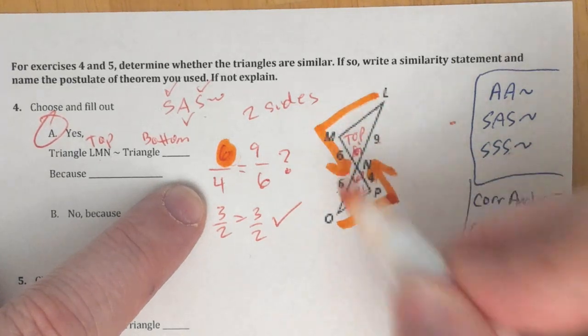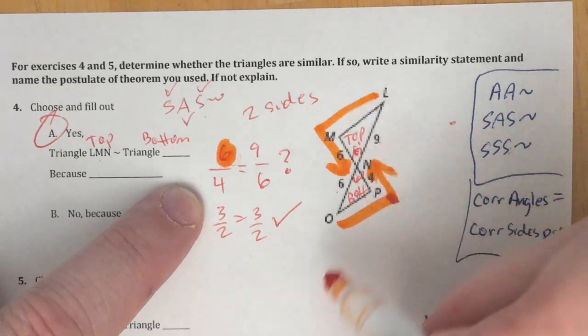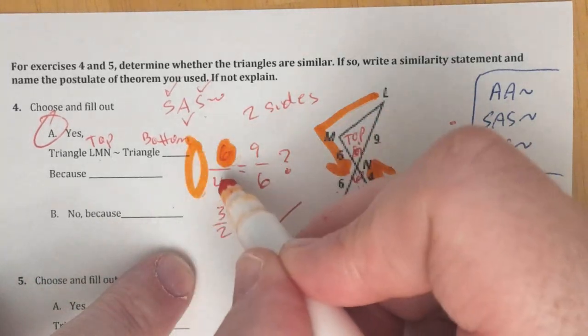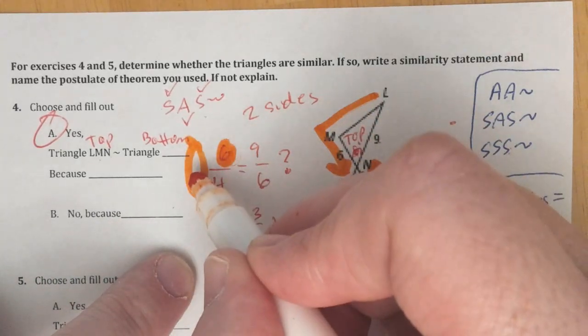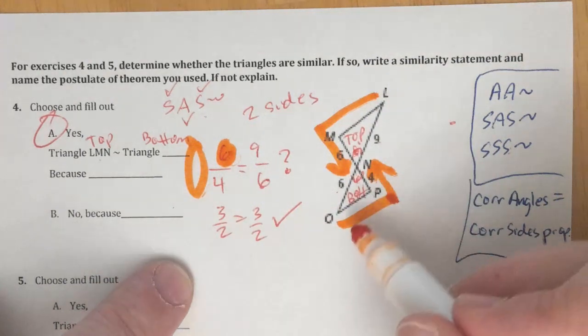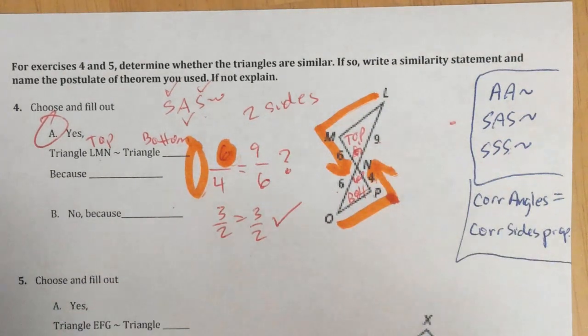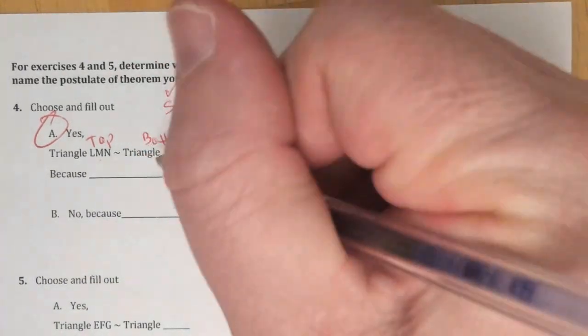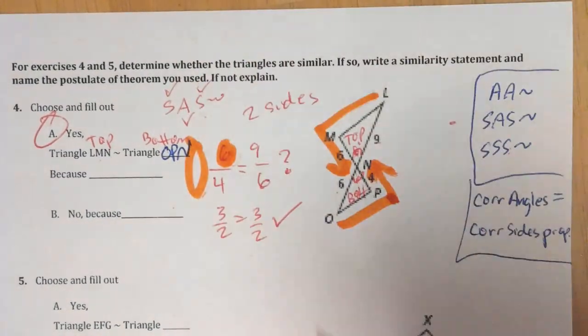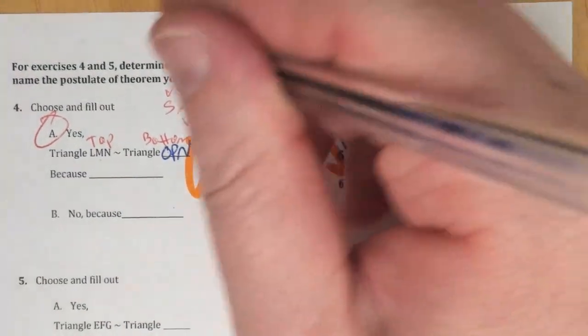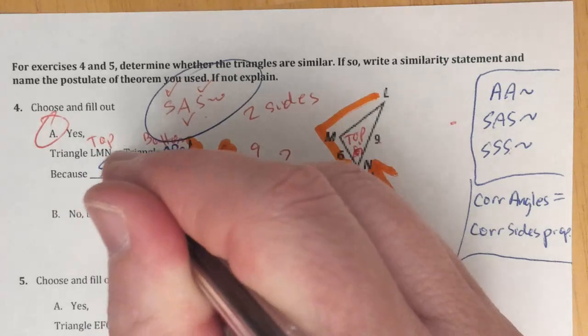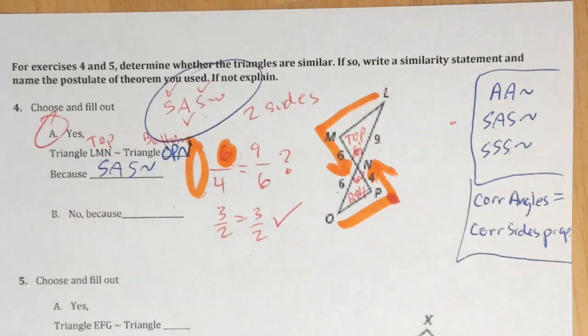Nothing and 6 is the same thing as nothing and 4. So that'd be OPN. OPN is our answer right there. And what was the reason? It was this reason right here, SAS similarity. And that is the answer to number 4.